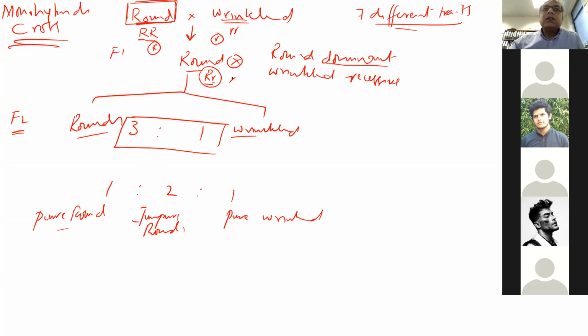Now, he said, okay, I now self-cross, which means pollen grain of the same plant on the stigma of the same. So what I have here now, although the phenotype is round, the factors are different in this F1 round. Now, when they go to the next progeny, only half of the factor can be contributed.